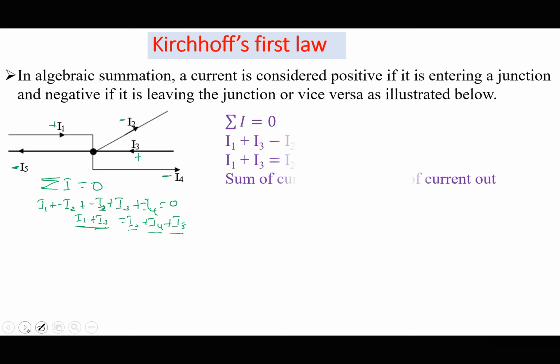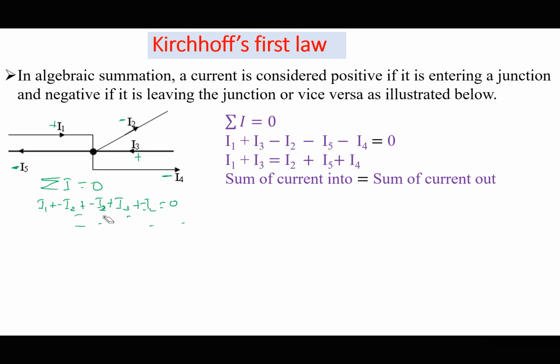So it makes sense for us to say that the sum of currents into the junction is equal to the sum of currents out of the junction. And we are saying this is Kirchhoff's first law. It is a consequence of conservation of charge, or it will sometimes be called the law of conservation of charge at a junction.